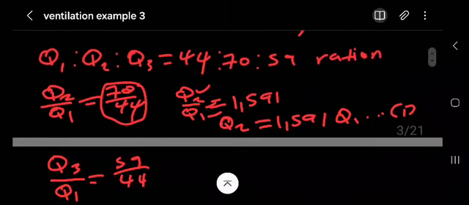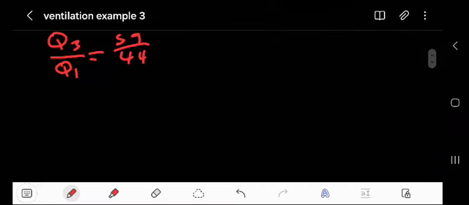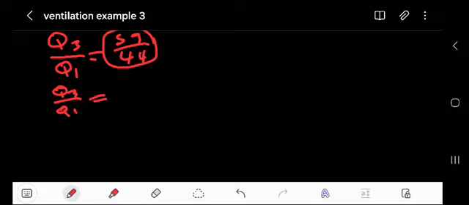70 is for Q1, 44. Taking the ratios then. After taking the ratios, if you punch this on your calculator, Q3 over Q1 will be equal to 1.341.